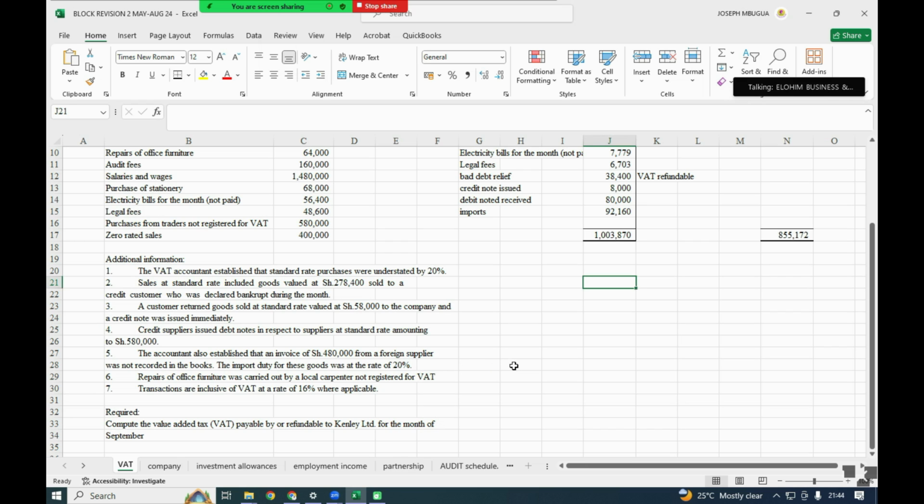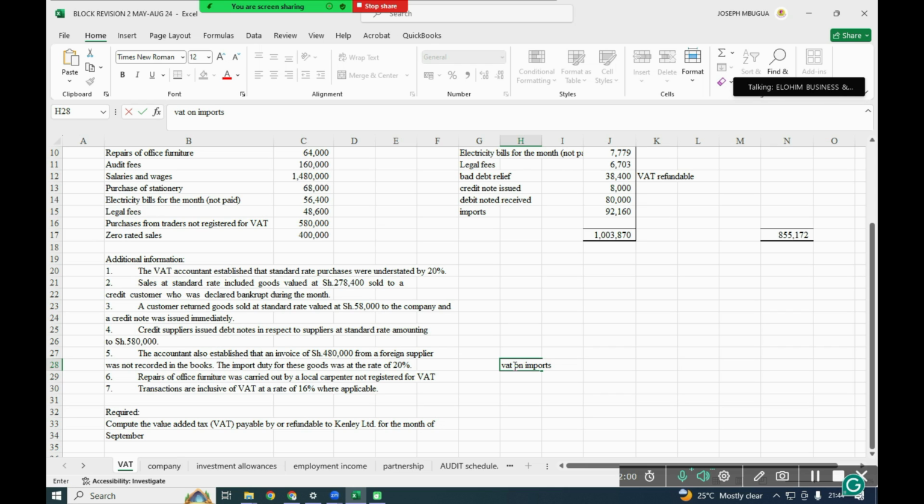So when you look at VAT on imports, it's normally 16% of CIF plus custom duty. CIF is the cost, insurance and freight charges, and you add the custom duty.